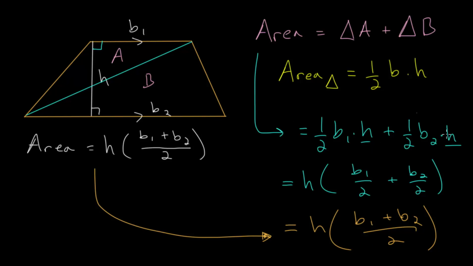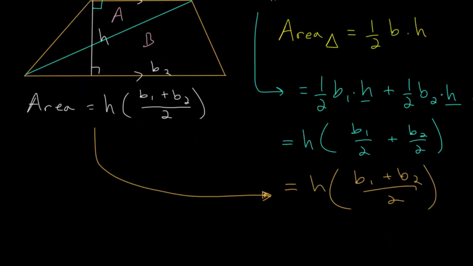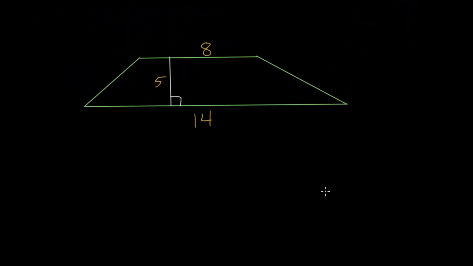So if we look at an example problem, let me create a quick trapezoid here. With this trapezoid, the top base, we can call this B1, has a length of 8 meters. The height is 5 meters, and base 2 is 14 meters.